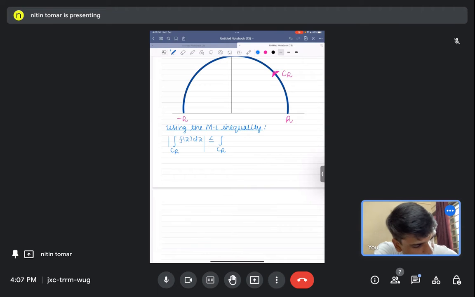At any stage, if some step is not clear, please tell me. Now it is given that mod of f(z) is less than or equal to M by mod z to the alpha for large R, so the integral is bounded by M by mod z alpha times mod dz over C_R. If you choose R large enough, anyway you have to increase R to infinity, so you can always choose R large enough.